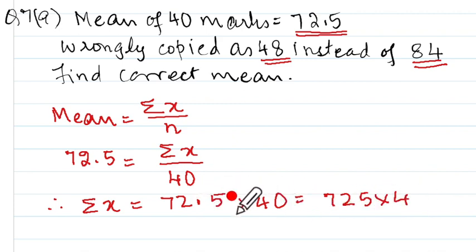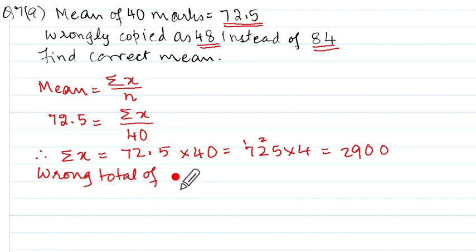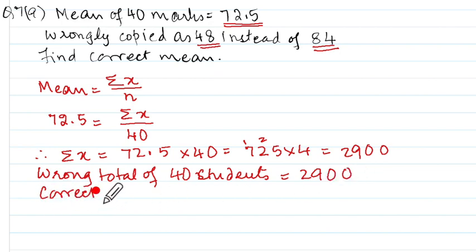I've used the 0 to shift the decimal, and that gives you 2900. What is this? This is the wrong total. So the wrong total of 40 students is going to be 2900.